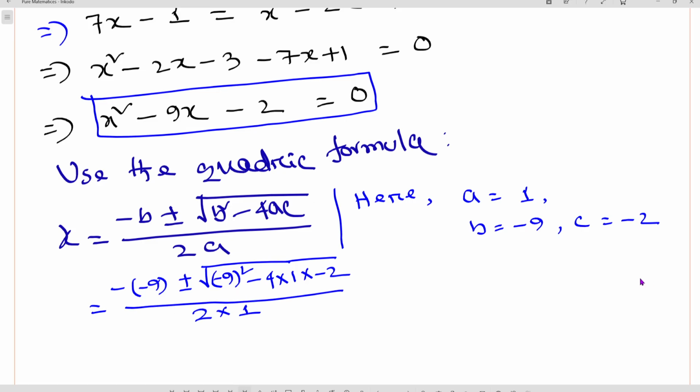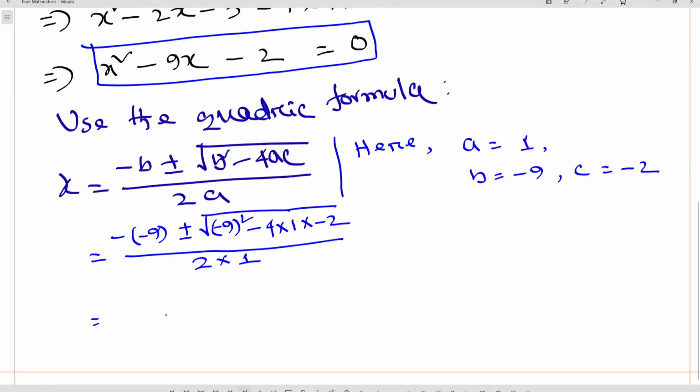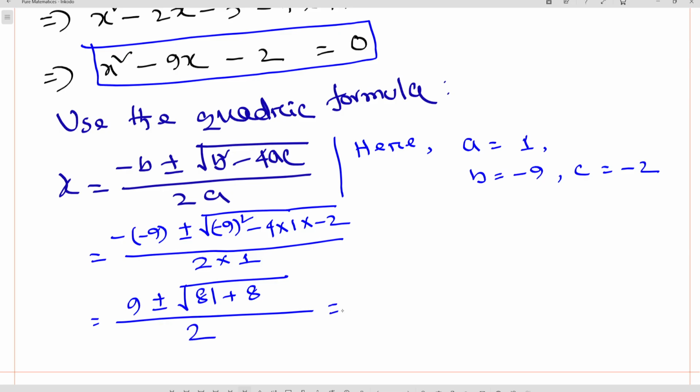2 times a is 2 times 1, right? Now look, here is minus minus, which is plus, so it's 9 plus or minus root of minus 9 squared, which is 81, minus and minus gives plus 4 times 2 which is 8, and here is 2 times 1 which is 2. So here it will be 9 plus or minus root of 81 plus 8, which is 89, divided by 2.